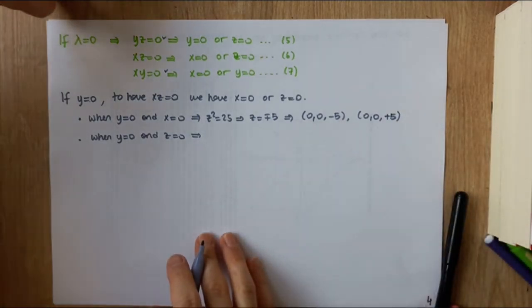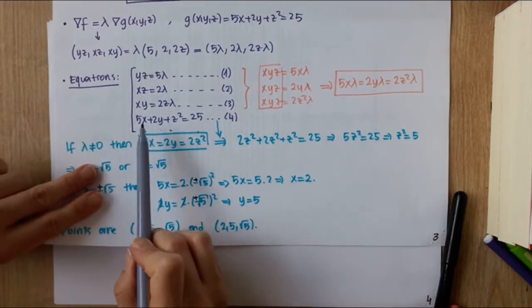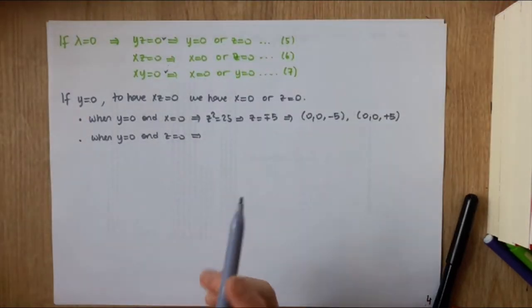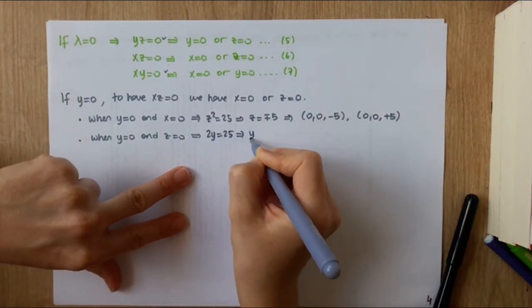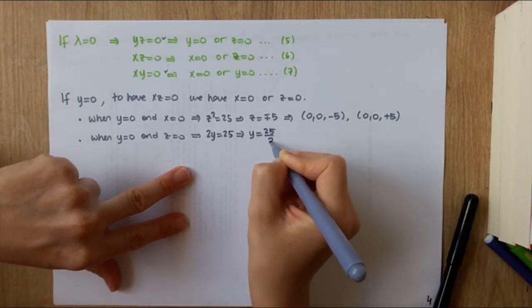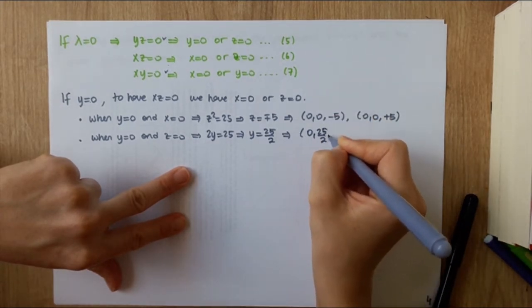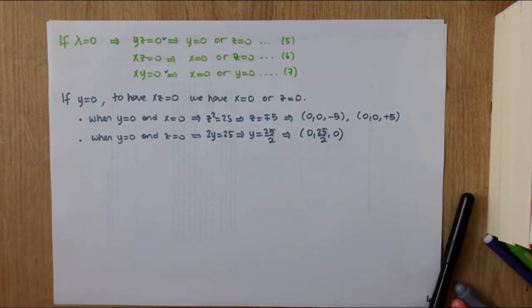And if y and z are 0 at the same time, this part's 0, this part's 0, so 2y equals 25, so y is 25 over 2, which means I have 0, 25 over 2, 0. Okay, 3 more points from here. Let's look at the other case.